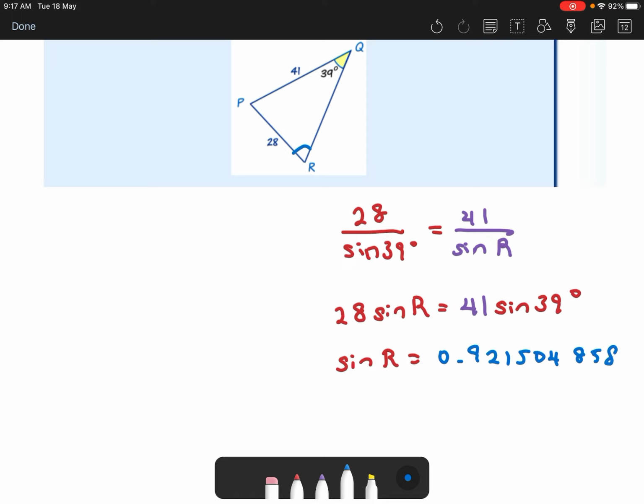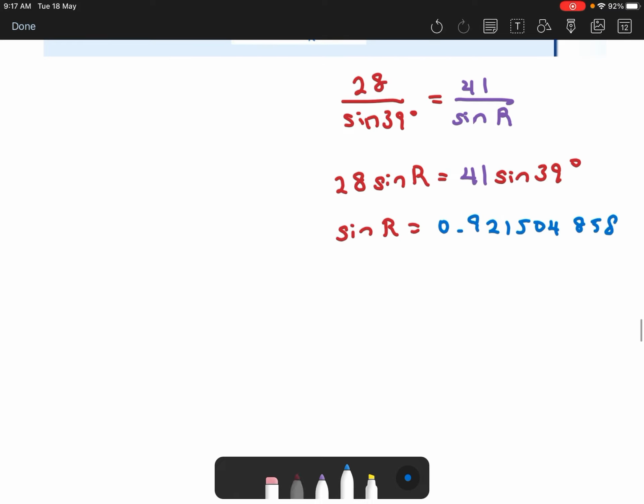Now same thing, do the sine inverse. R is equal to sine inverse of 0.921504858. Let's calculate what you got.